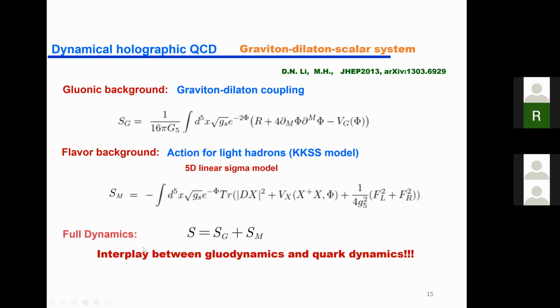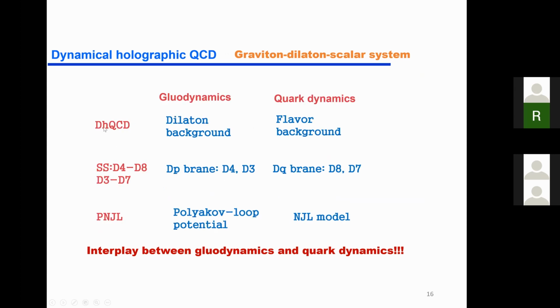So our full dynamics is basically the gluon dynamics plus the matter part. Then we can investigate many physics in this framework. This is called the dynamic holographic QCD model.